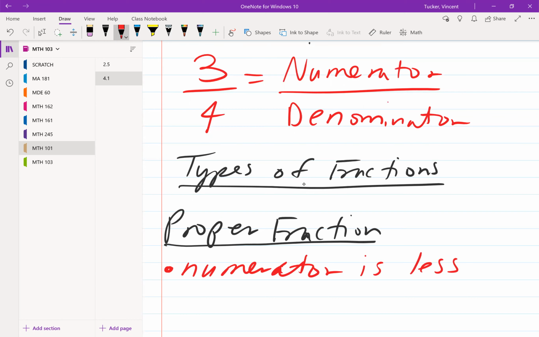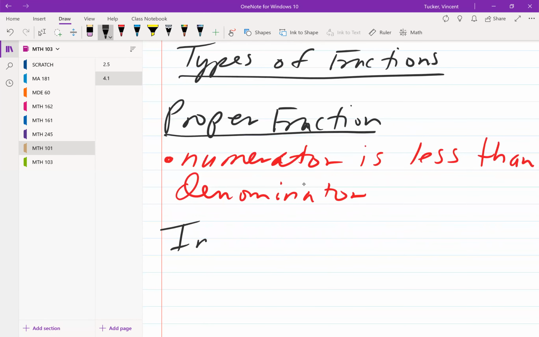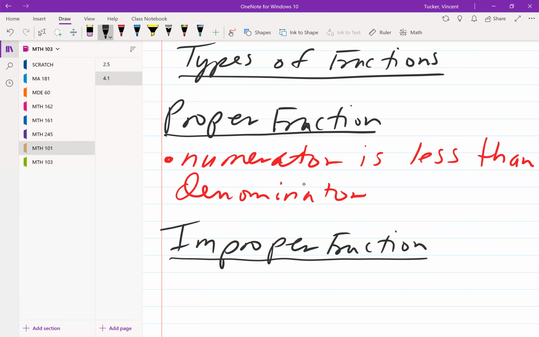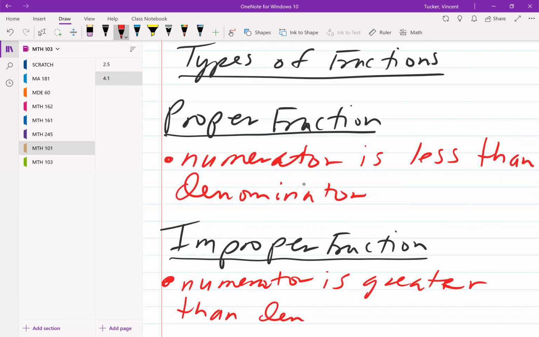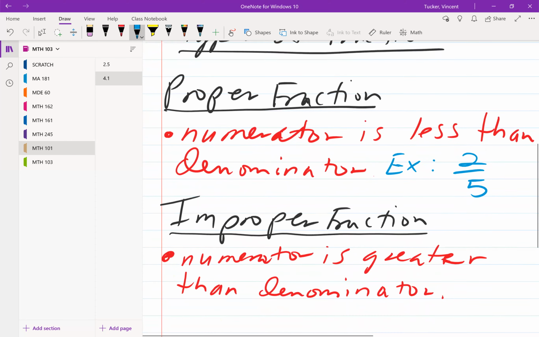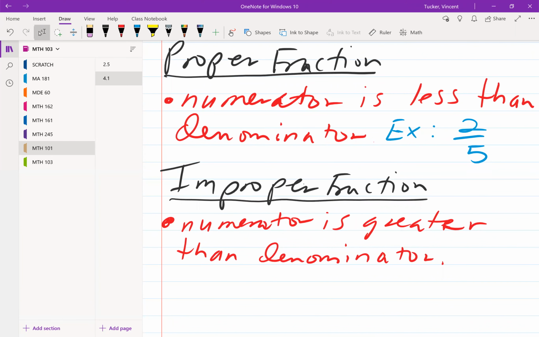Numerator is less than denominator. Okay, so a proper fraction is when the numerator is less than the denominator. An example of that is 2/5 or that 3/4 that I had initially.